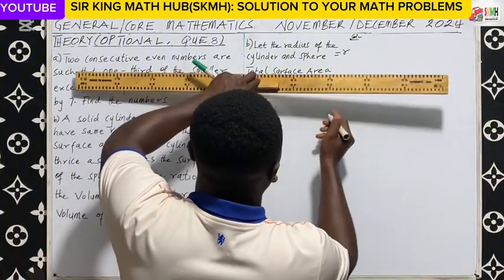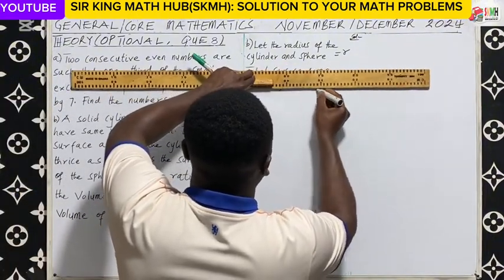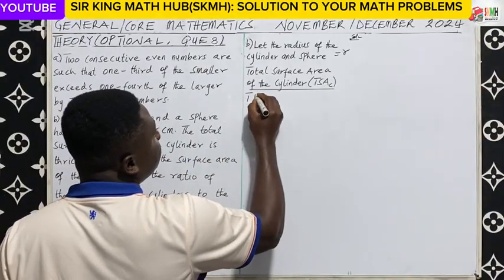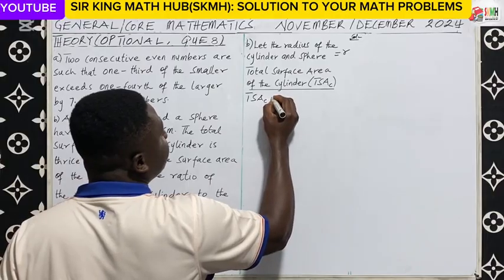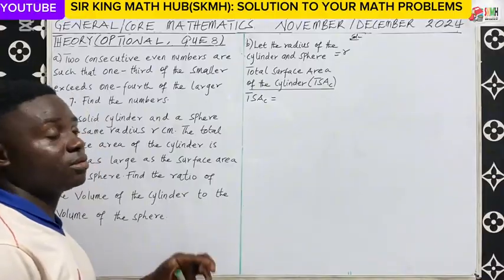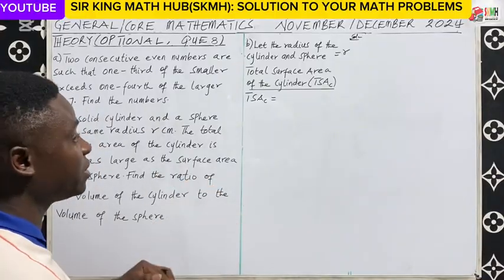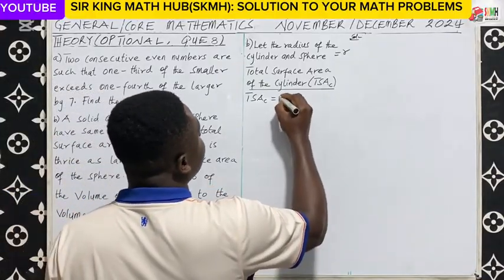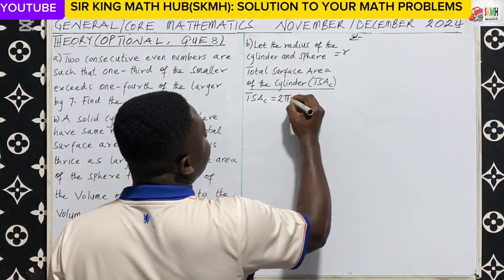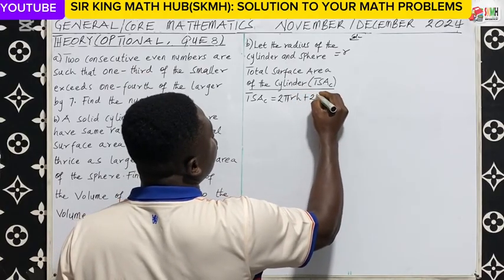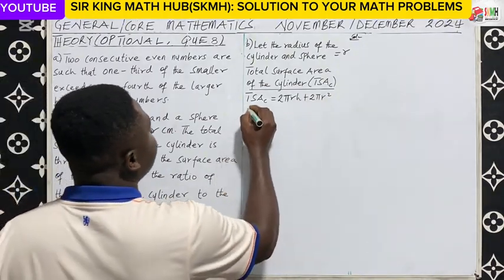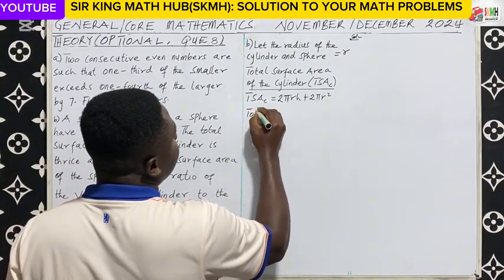So what is the formula for calculating the total surface area of a cylinder? So recall that the total surface area of a cylinder, you're looking at a cylinder that is closed at both ends. Total surface area, 2 pi RH plus 2 pi R squared. So recall this formula.